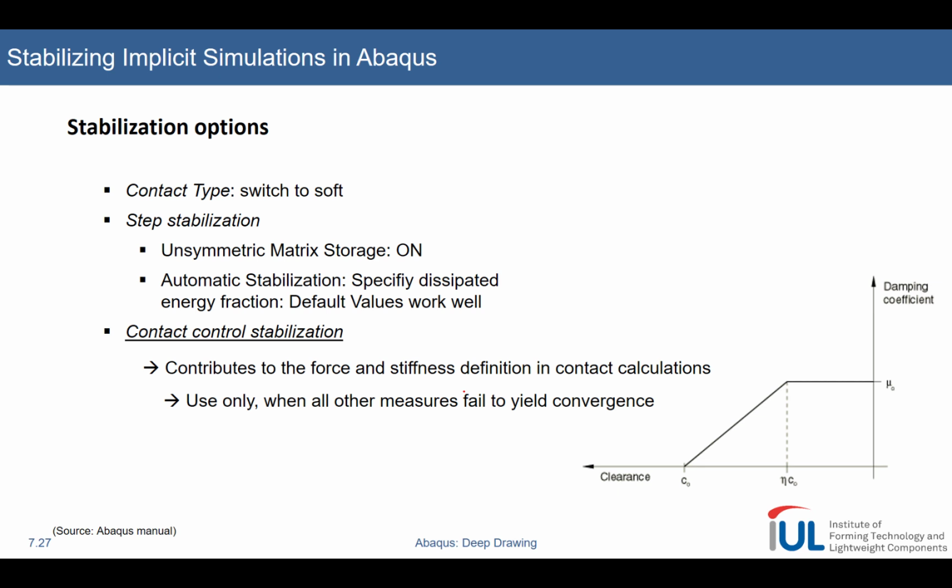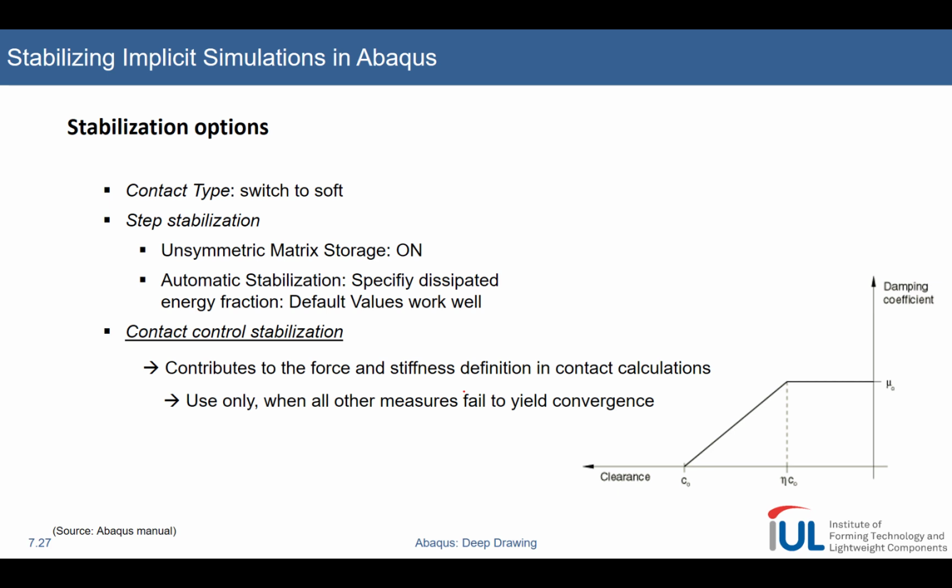A third approach is to do a similar thing to your actual contact interaction. Instead of doing it on a global level, you can specify similar approaches on a more local contact related aspect. So these buckling problems can also affect nodes which are not in contact right now.